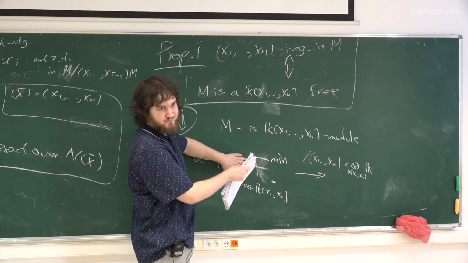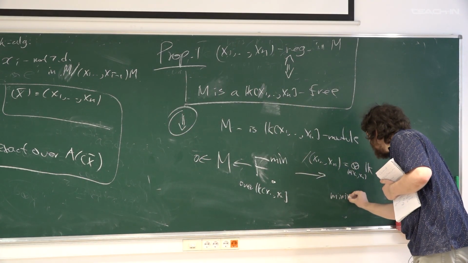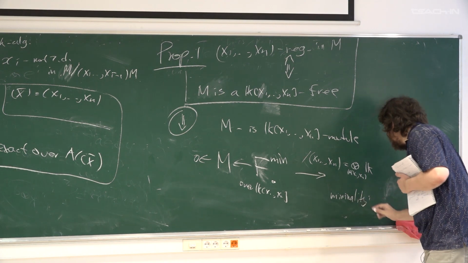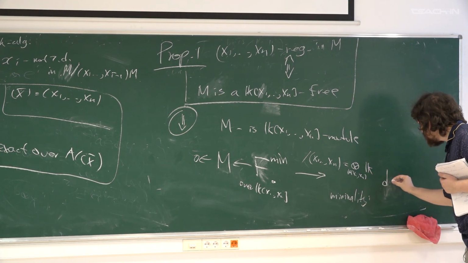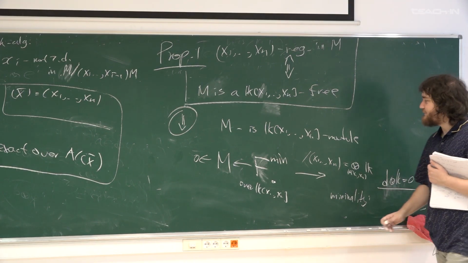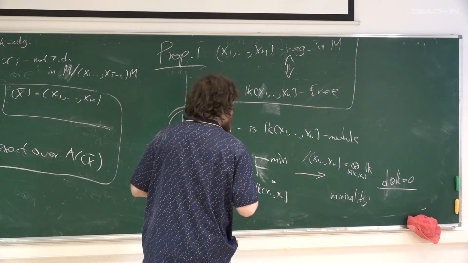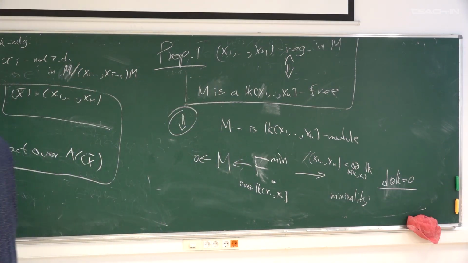Because of minimality, all differentials are zero. But on the other side, from this exercise, I obtain that it will be exact because it's a quotient by a regular sequence.